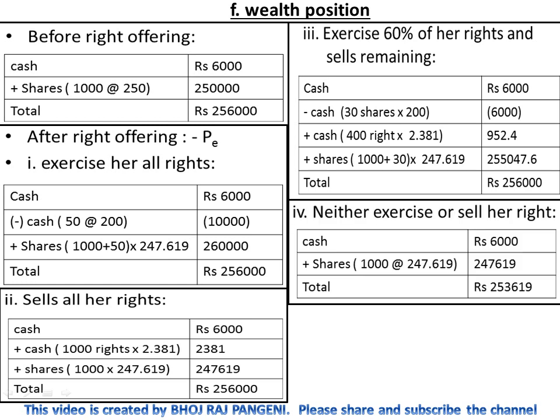Now, if she neither exercises nor sells her rights, cash balance is her old cash balance 6000, and the value of stock will be the ex-right price, 1000 shares into 247.619, and the total amount is 253.619.